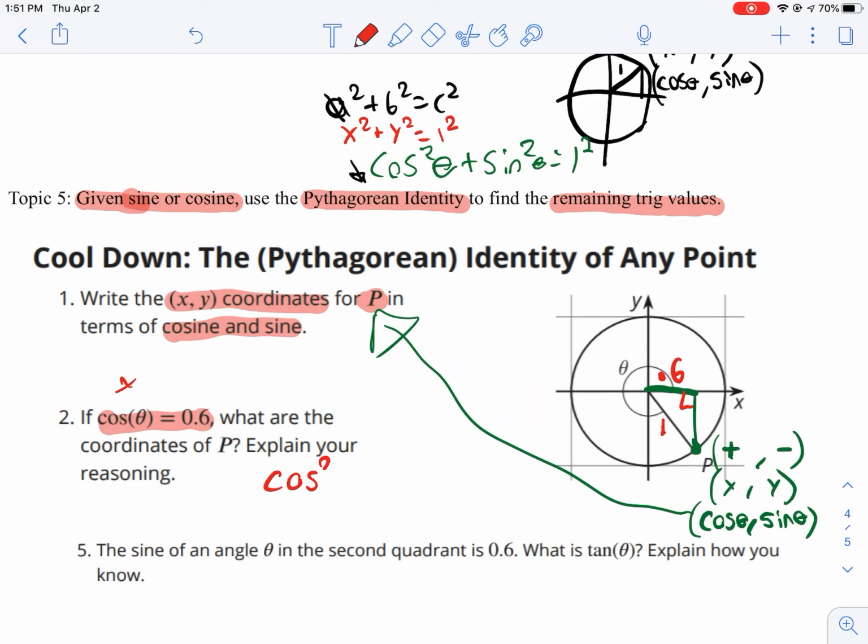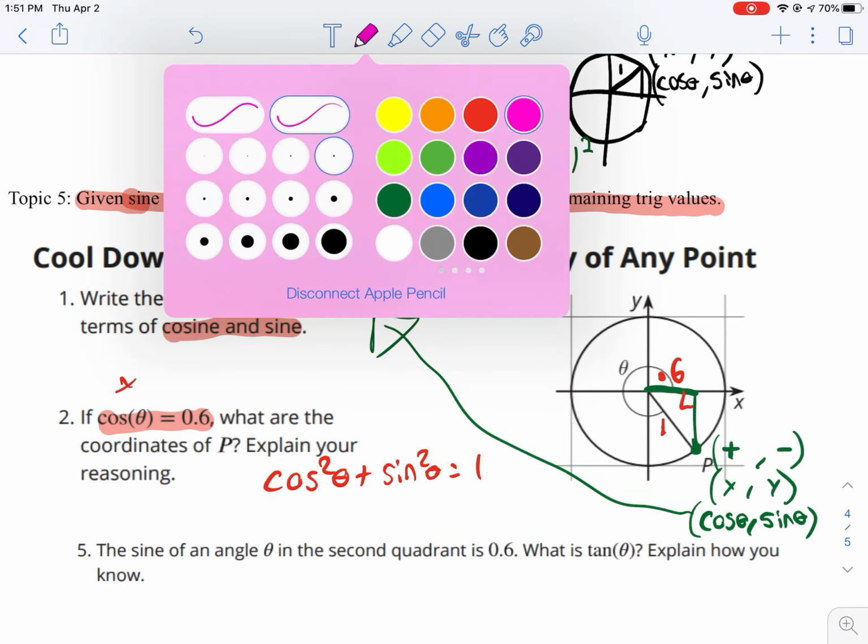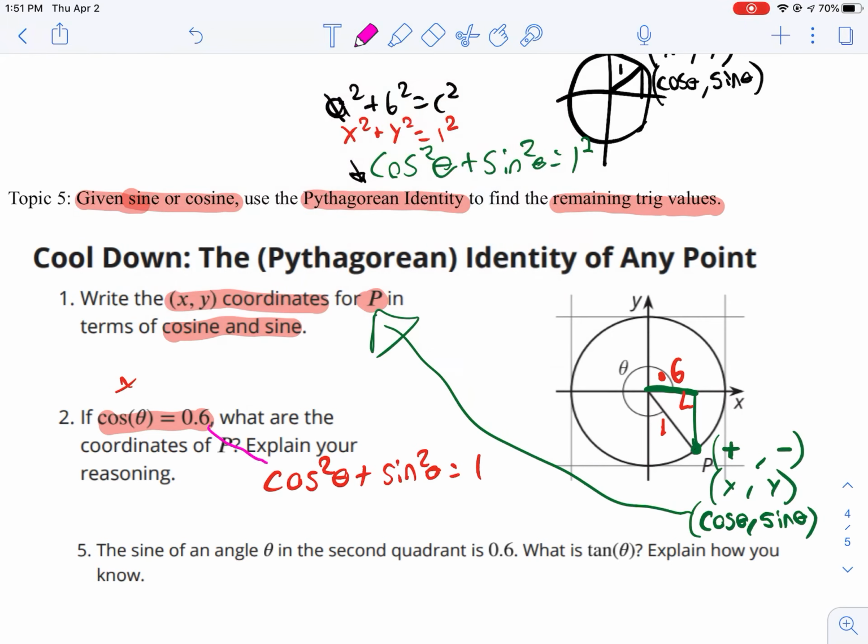Cosine squared theta plus sine squared theta equals 1. When we do this, we simply have to substitute 0.6 for cosine. So we're going to have 0.6 quantity squared plus sine squared equals 1.